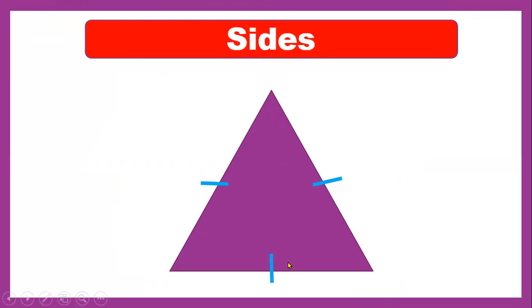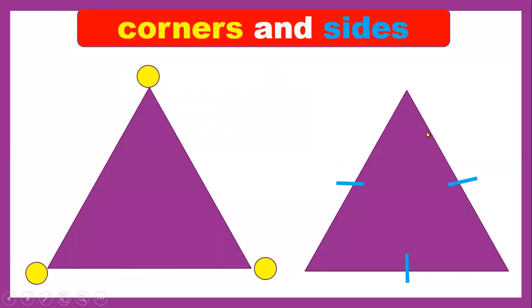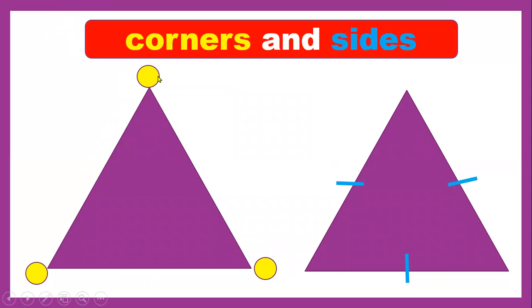So there are three sides of this triangle: one, two, and three. Okay, let's look at the two pictures. So these are the vertices and these are the sides. The yellow ones are corners and the blue ones are sides.